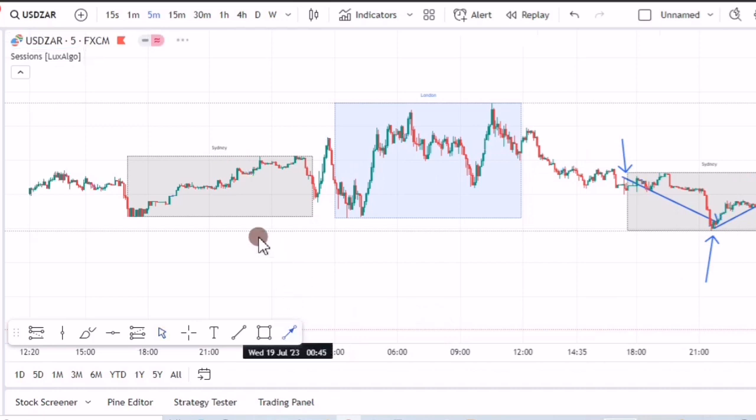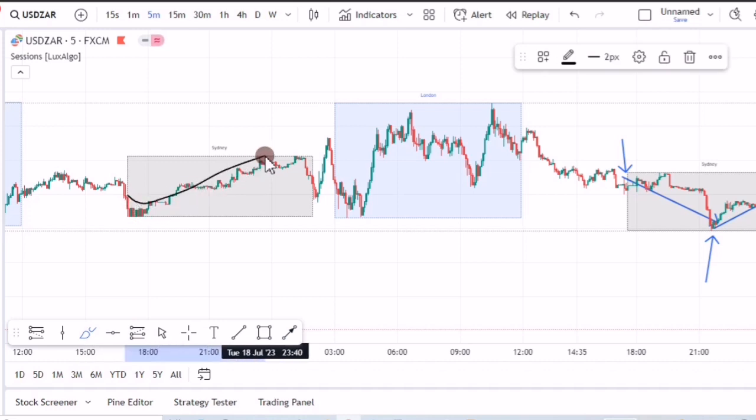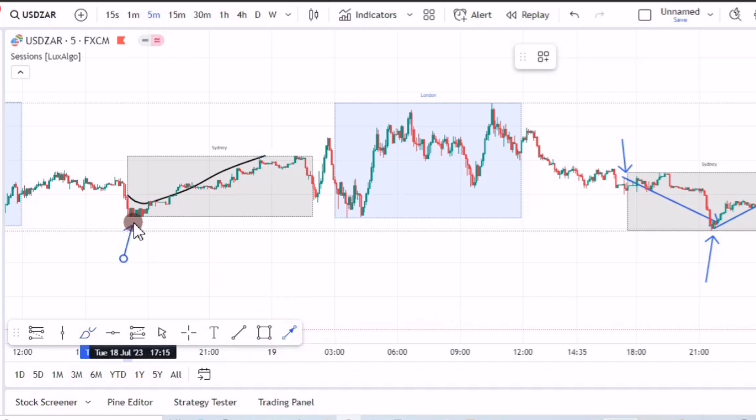Okay, right here you know that for the most part price is going to be going bullish on London. Okay, and if you take a close look, price started there, okay, didn't drop that much, and then it went straight up. So for you is to find a buy entry here on London.